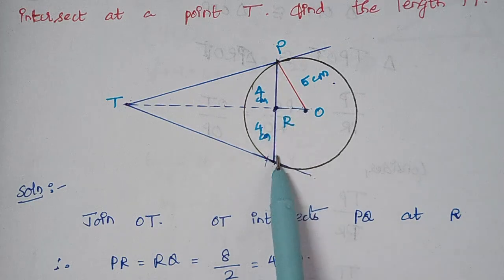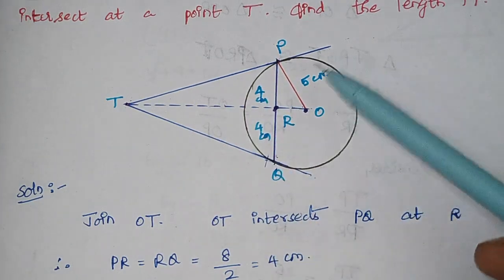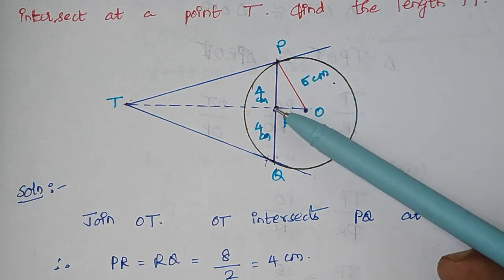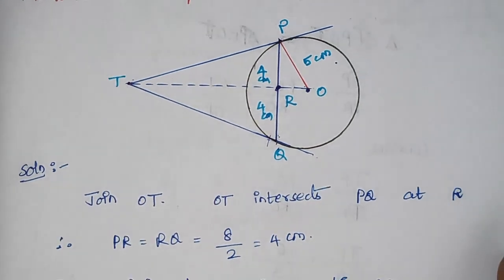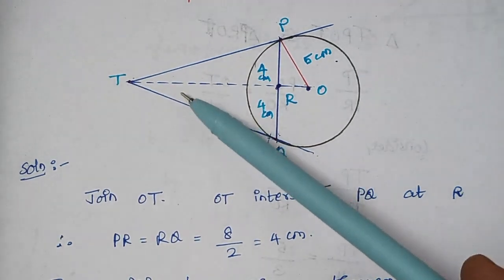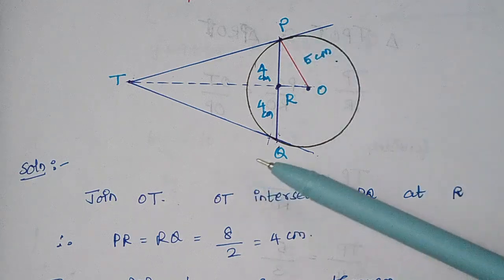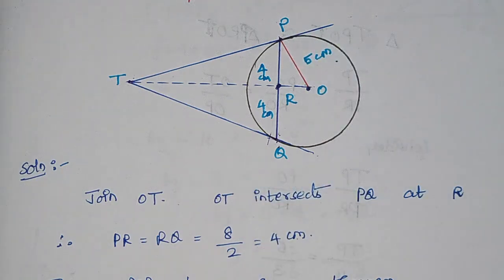So this 8 cm is divided as 4 and 4 here. Therefore PR is equal to RQ, which is equal to 8 by 2, because the total length is 8 and this line divides the chord into 2. So 8 by 2 gives you 4.